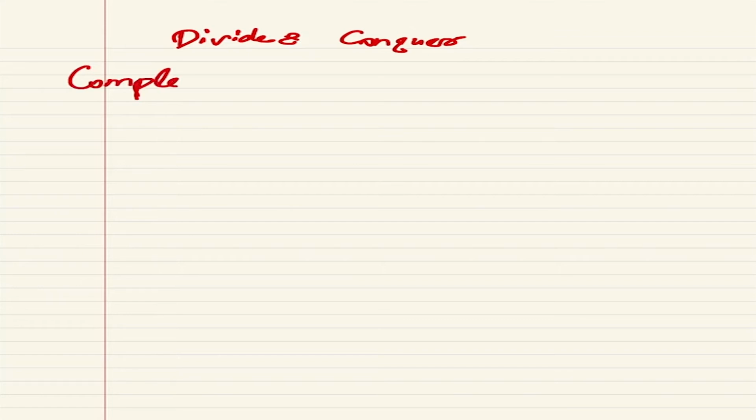Hello everyone. So today we are starting the second chapter. The chapter is Divide and Conquer. So what is this about? In the last week we talked about complexity analysis, and how you can analyze algorithms in terms of which algorithm is more efficient than another.